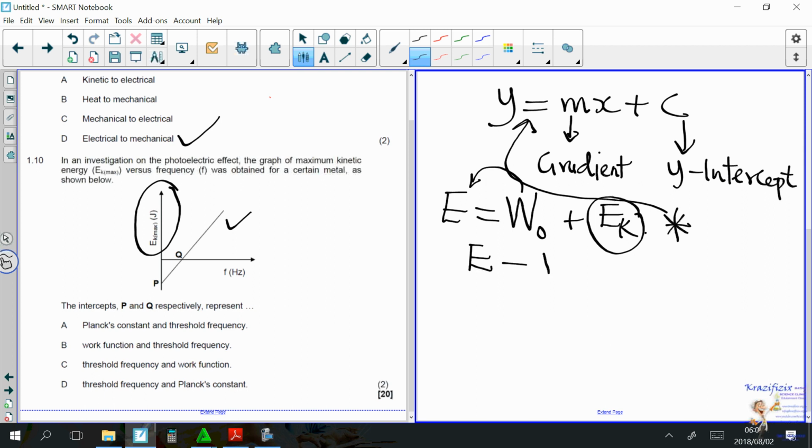E minus work function equals kinetic energy. Let's write this nicely: kinetic energy equals E minus work function.